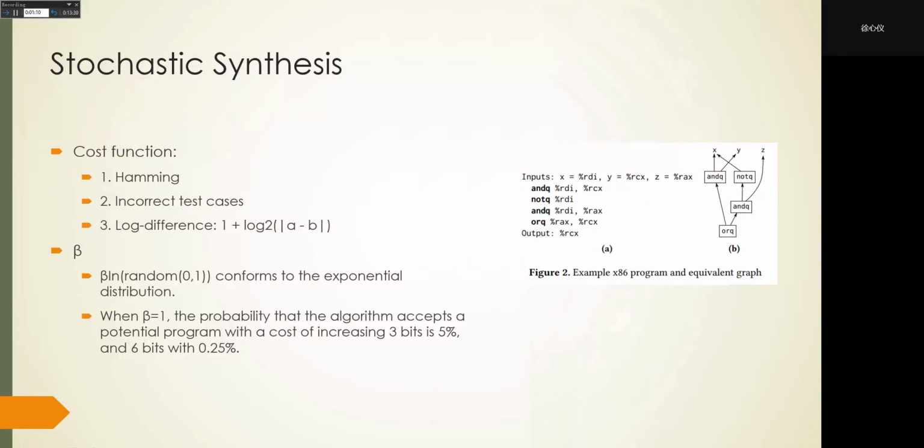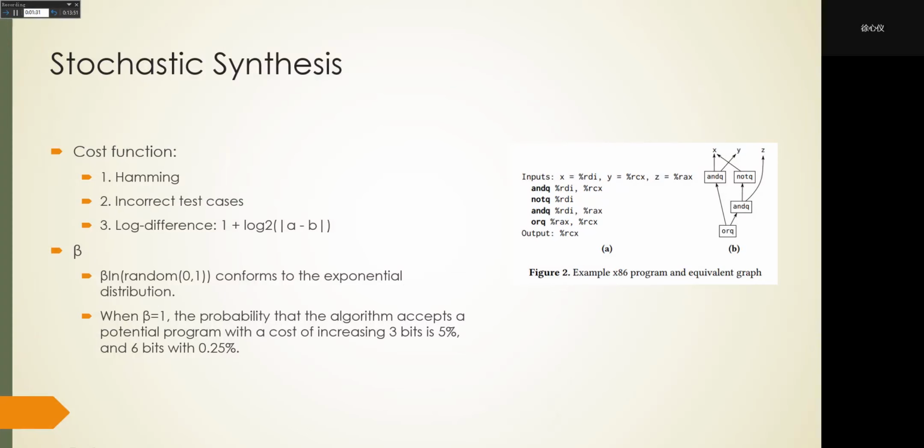When beta is equal to 1, the higher the cost is, the lower the probability of acceptance is.